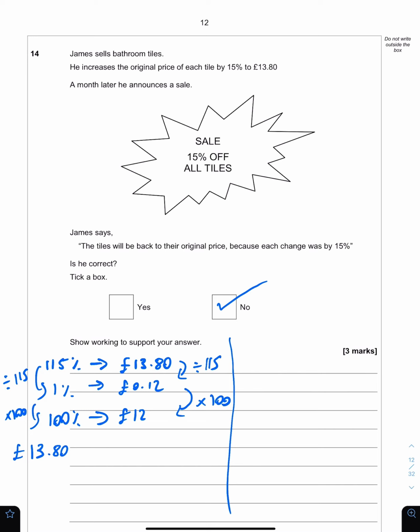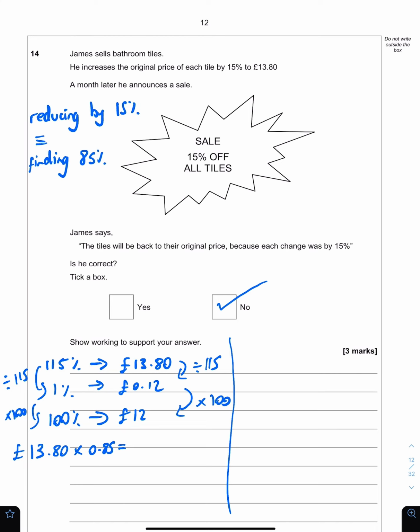So reducing by 15% is equivalent to finding 85%. Because if you reduce by 15%, you're left with 85%, right? So I can basically times this by 85% or 0.85. So I can reduce that by 15%.